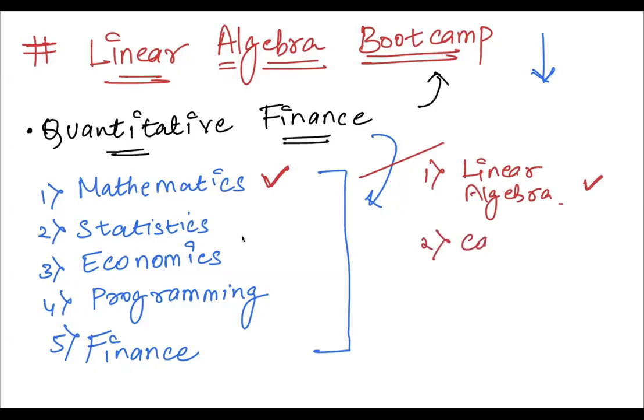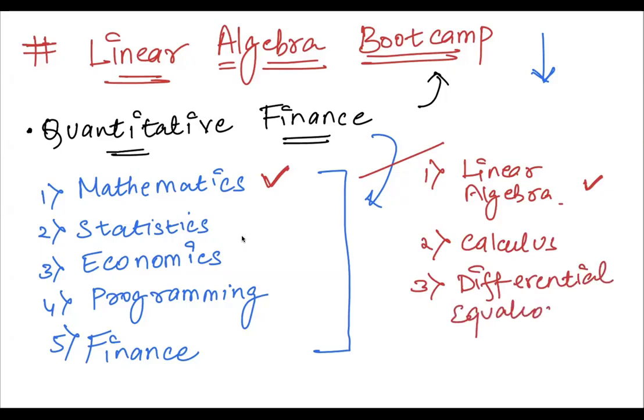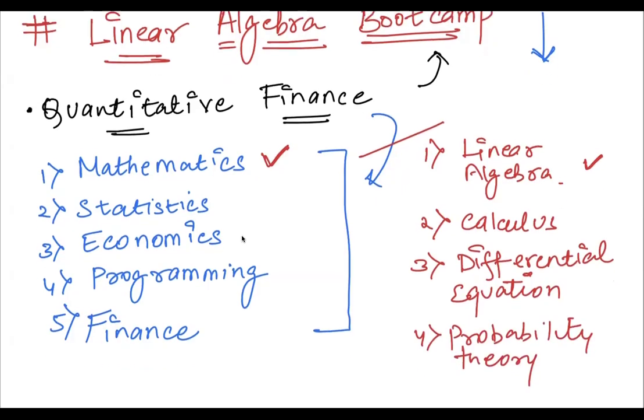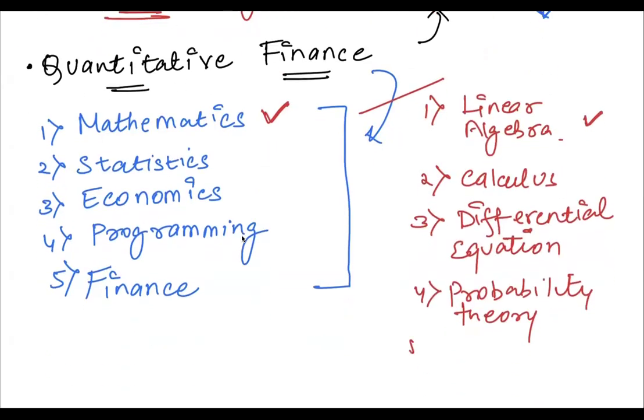Second subject which is required is calculus. Third subject is differential equations. The fourth subject is probability theory. And the last one is stochastic calculus.